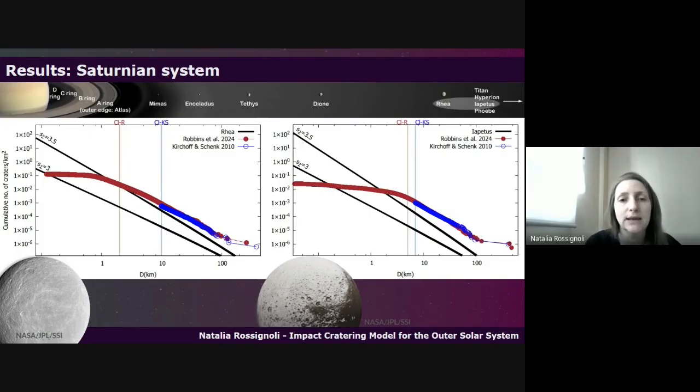And in this case, we think that if these satellites orbited closer to the planet in the past, so they were closely packed together and closer to Saturn, our model would be able to match the observed crater counts, because closer to the planet we would have higher impact velocities, so our model would move up and match these observed crater distributions.